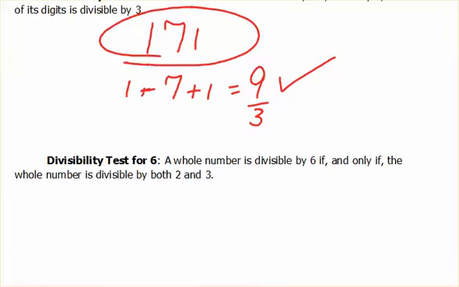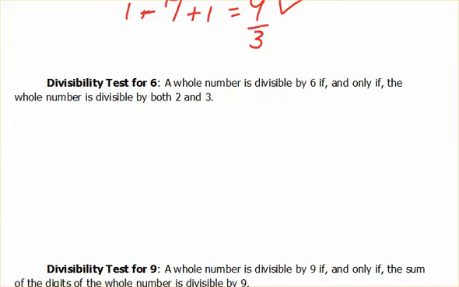Now, our divisibility test for 6 is another interesting one. It says a whole number is divisible by 6 if and only if the whole number is divisible by both 2 and 3. So let's just make up a number here, like maybe 4368.